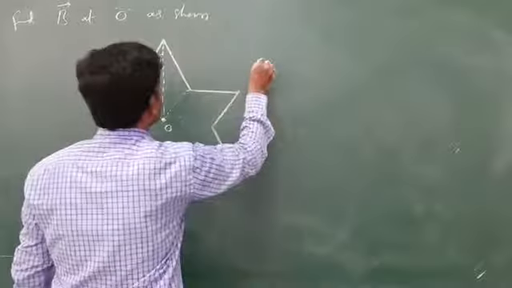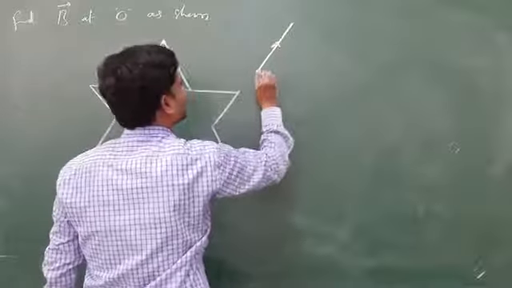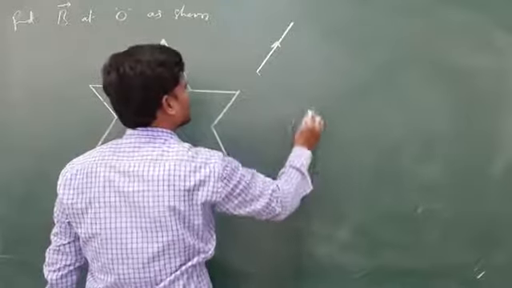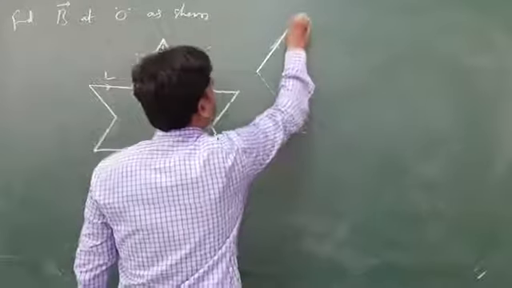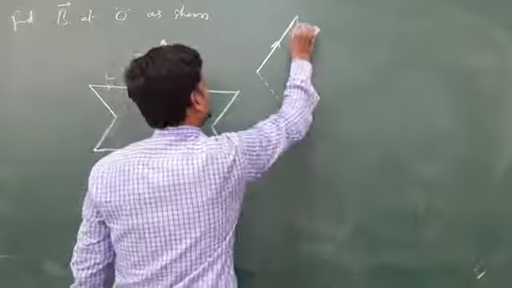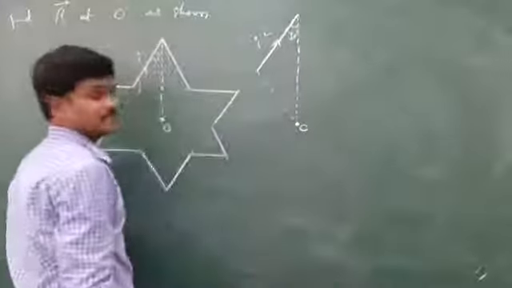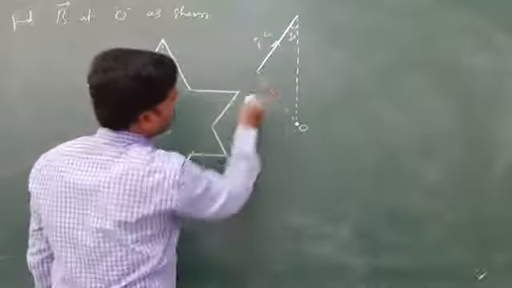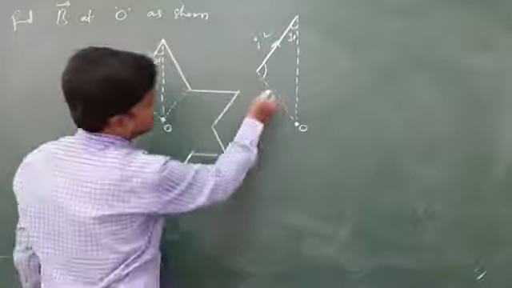So let me draw one diagram here. This is point O. This is 30, L is the length, I is the current, this angle is 120, and this is also L.